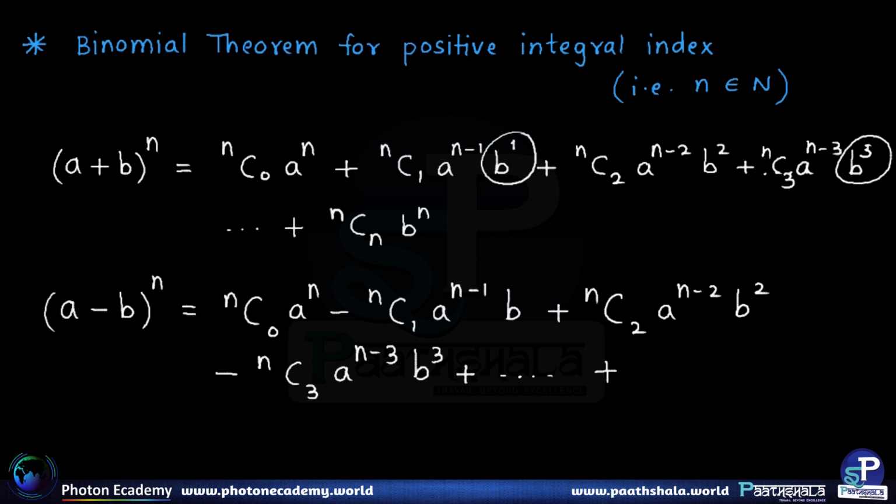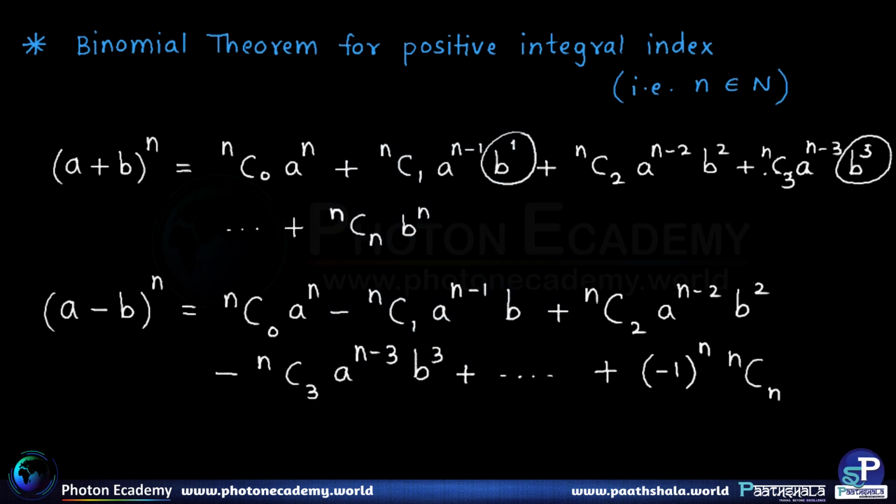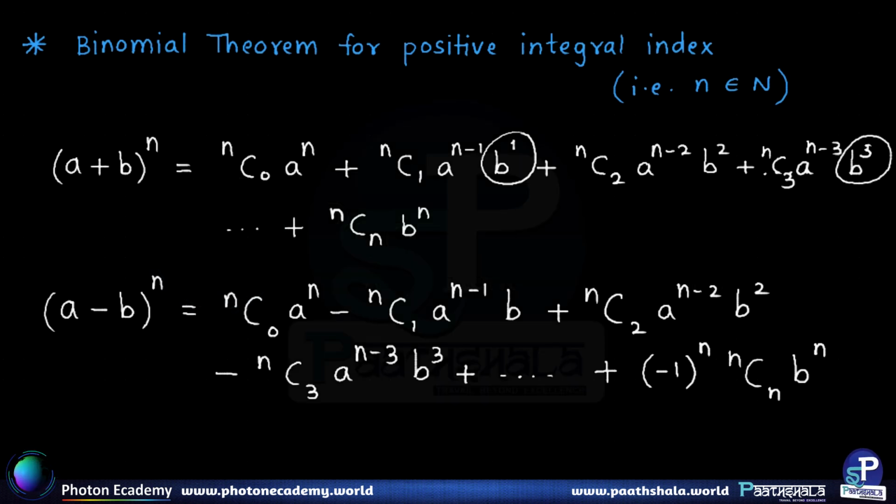So for this we attach a small expression, which is (-1) raised to n, which always helps us put the correct sign based on whether n is even or odd, and we complete the last term as nCn b raised to n. Now you can see, if n is odd, then we will actually get the final term as negative, the coefficient will be negative. If n is even, then it will be positive. Right. So this is the deduction of the binomial theorem based on the original formula.